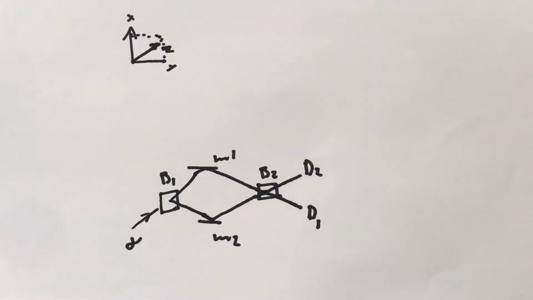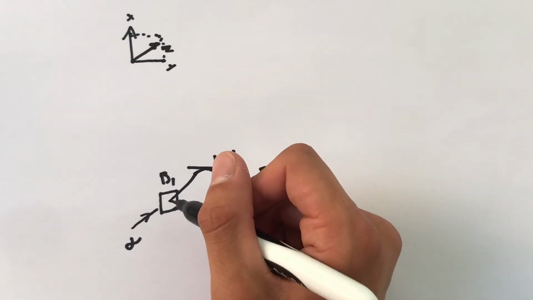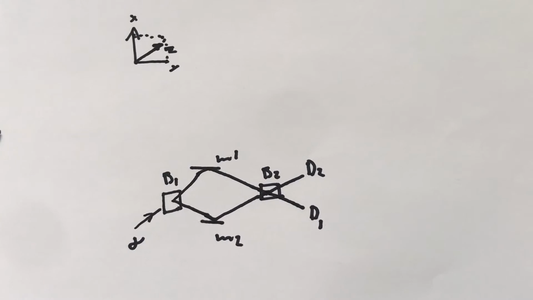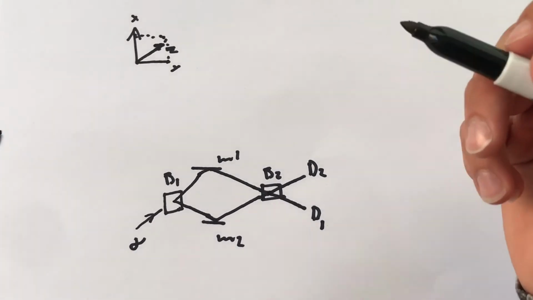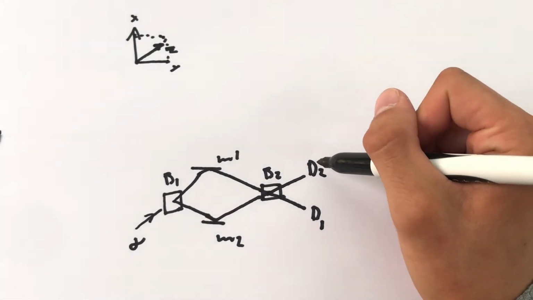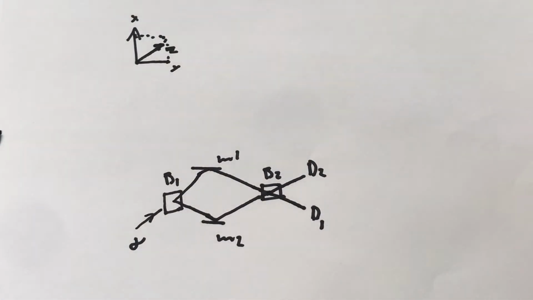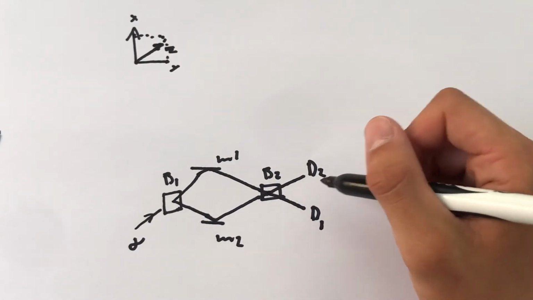That is called superposition, when something can be in multiple states at the same time. And when you measure it, you will get a measurement in either D1 or D2, and that is probabilistic, since you observe the system.